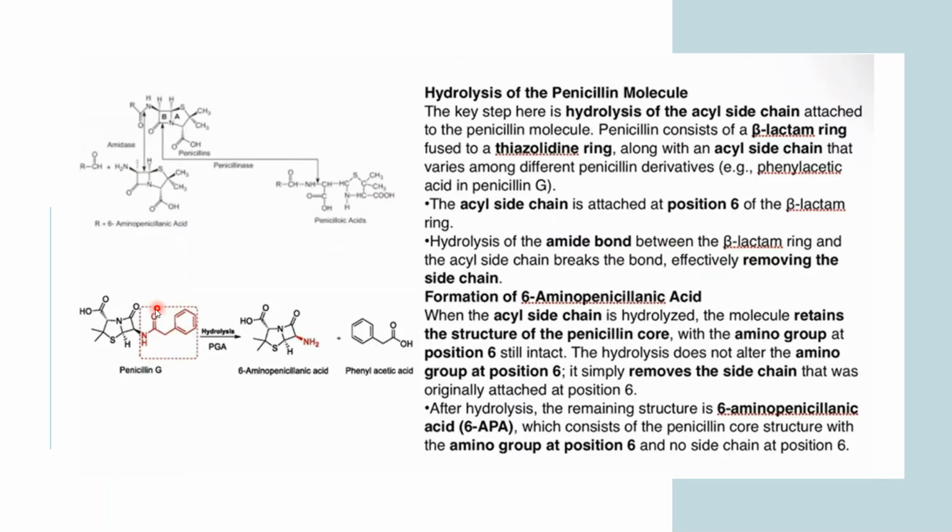So there could be different kinds of acyl side chain in different penicillin categories, but after the hydrolysis, you will end up having this 6 amino penicillinic acid in each case, and just the side product will be different in every penicillin category. It's just 6 amino penicillinic acid you will get in each of the penicillin derivatives after the hydrolysis.